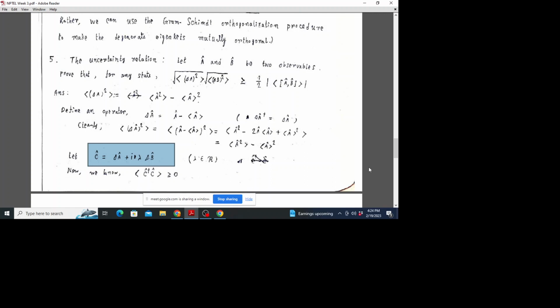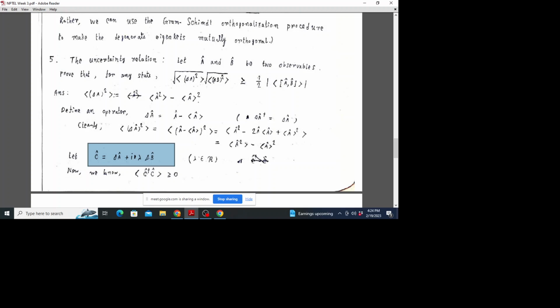Because C dagger C is a Hermitian operator, and we know the expectation value of a Hermitian operator is real.